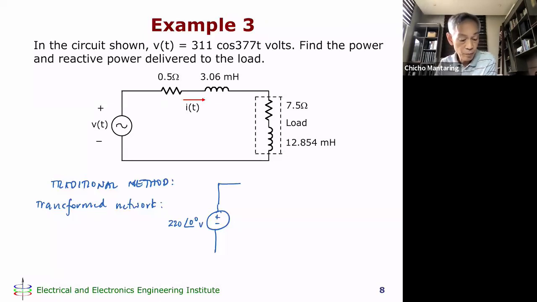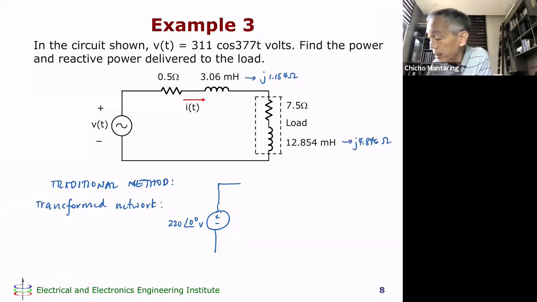The 3.06 millihenries, that's omega L, j omega L. This is going to be equal to j 1.154 ohms. And this 12.85 millihenries is going to be equivalent to j 4.846 ohms.